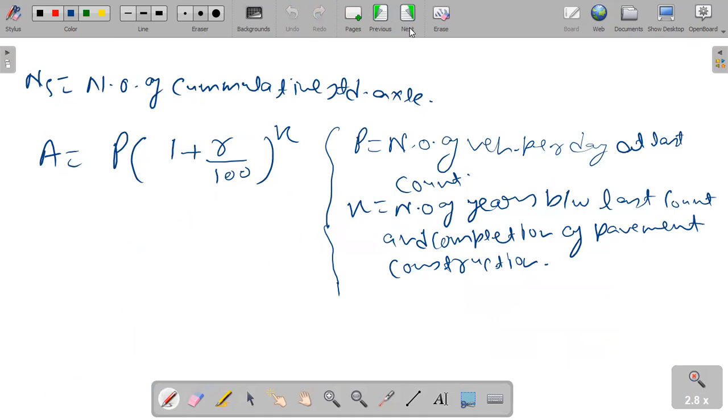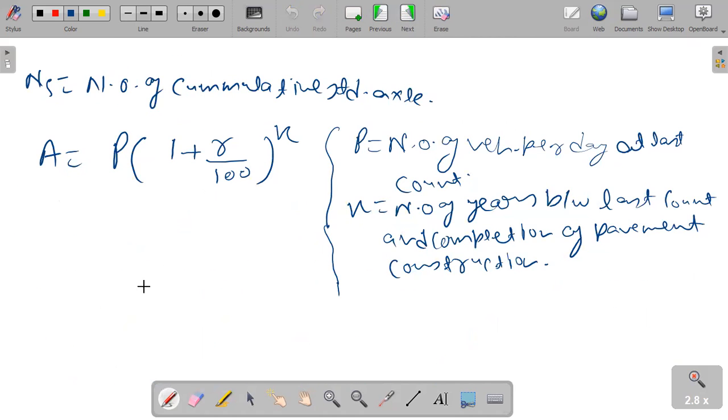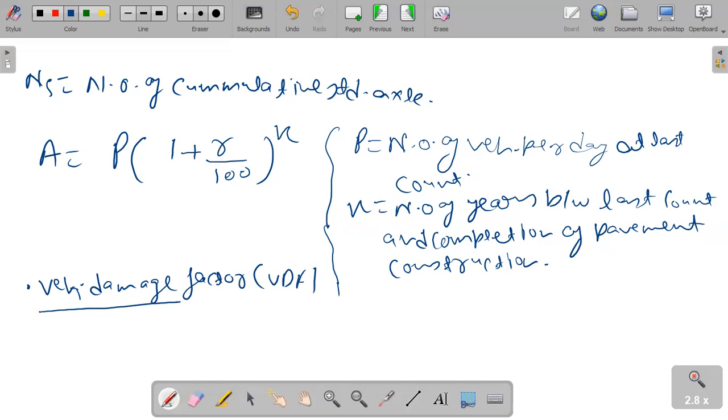Okay, let's move on to another topic, which is vehicle damage factor. What is it? Vehicle damage factor, VDF. We have values of VDF.